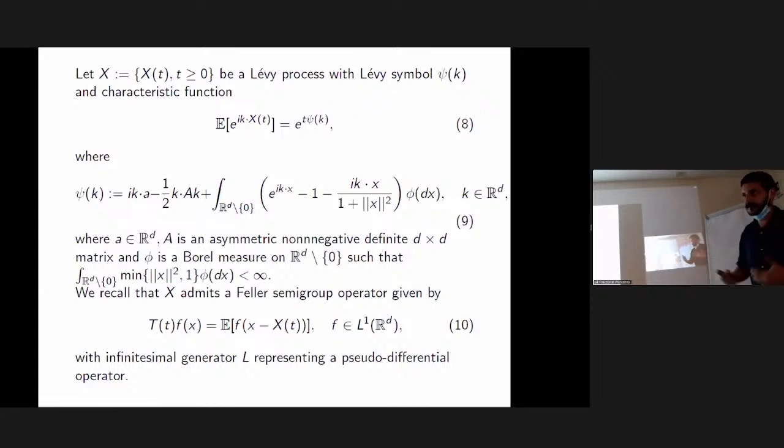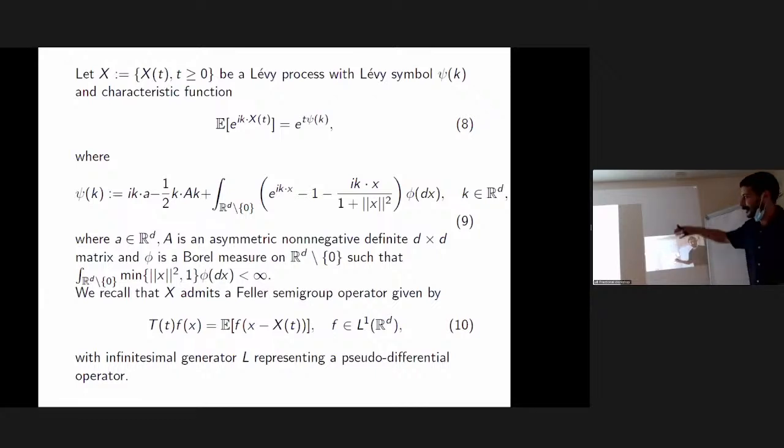Stochastic. First of all, I recall, given a Lévy process X, I know that we can say that X admits a semigroup operator given by equation 10. Okay, for time reasons I go fast.